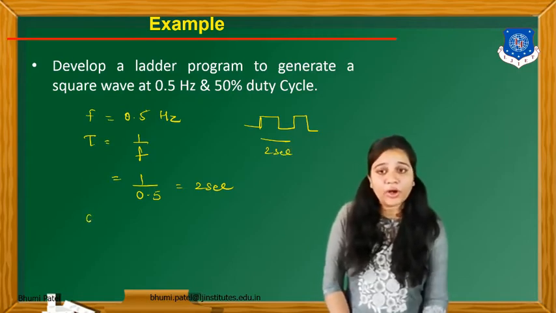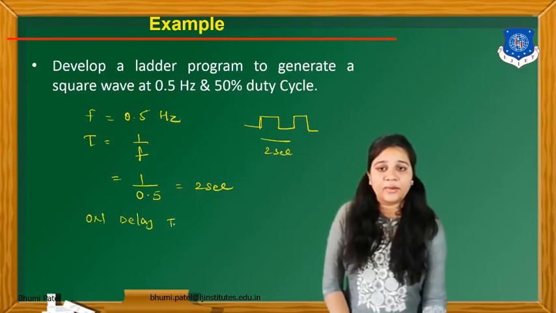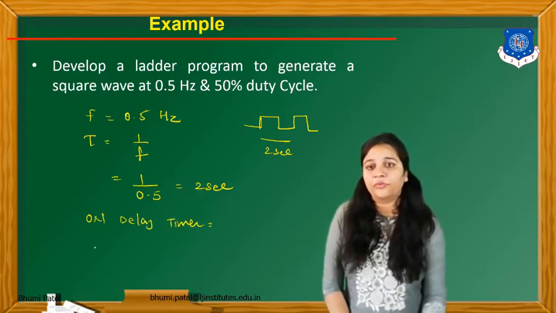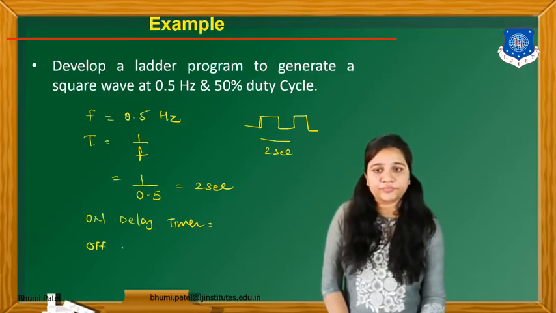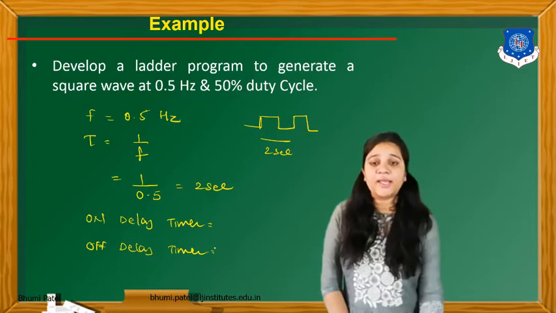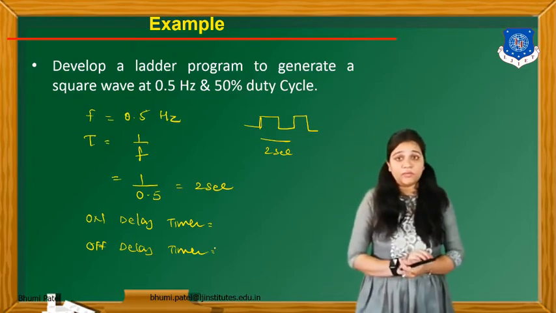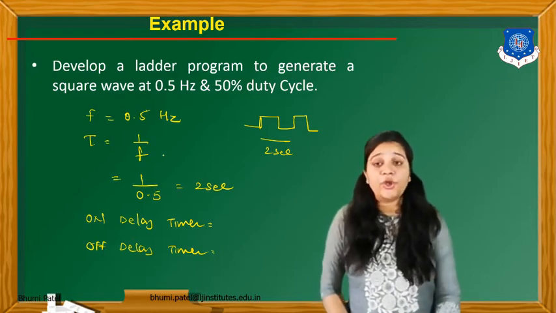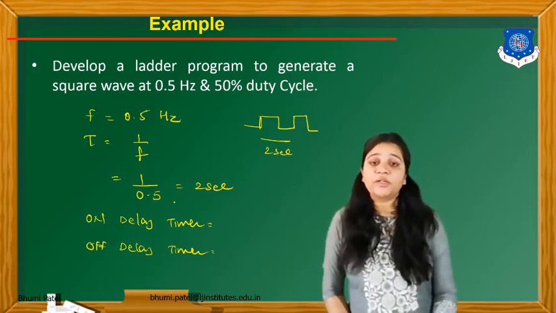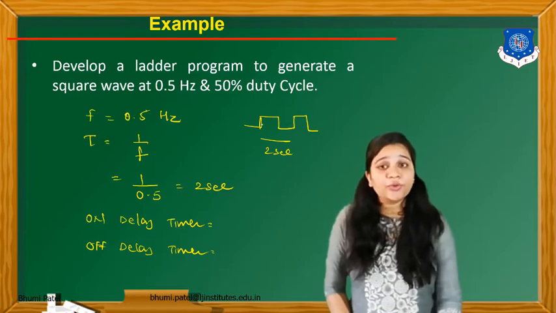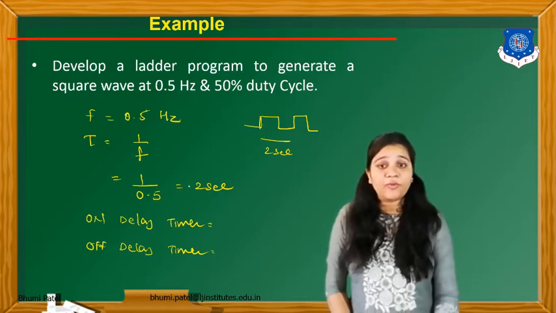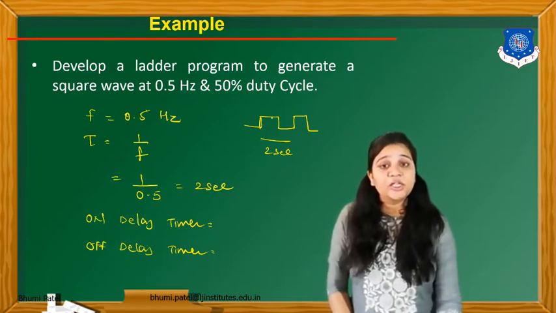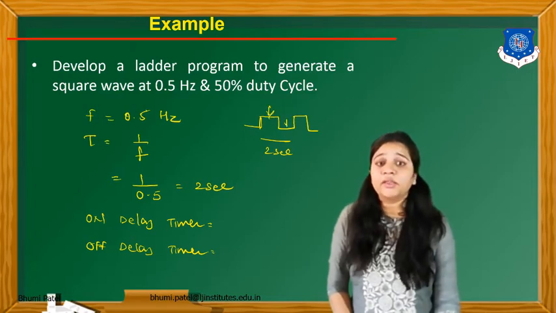So what is the on delay timer, and what is the off delay timer? In the exam, if they give the frequency and the duty cycle for the square wave, you have to first find the time for the system. Here the total is 2 seconds, and in the square wave there is one on delay and one off delay.